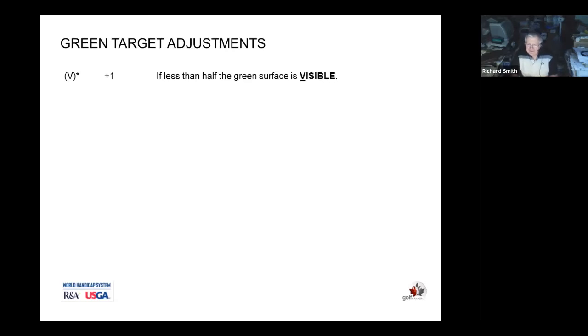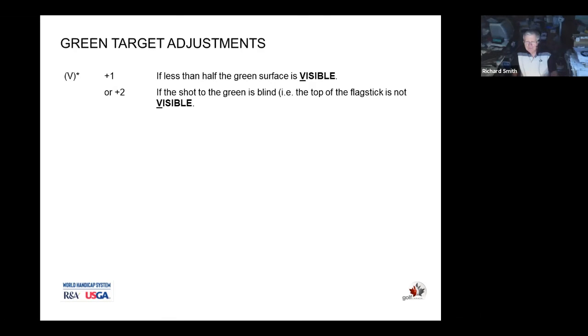Okay, now the green target adjustments. You could have a visibility +1 if less than half of the surface of the green is visible. Or it could be V +2 if it's a completely blind shot to the green. In other words, you can't even see the top of the flag.